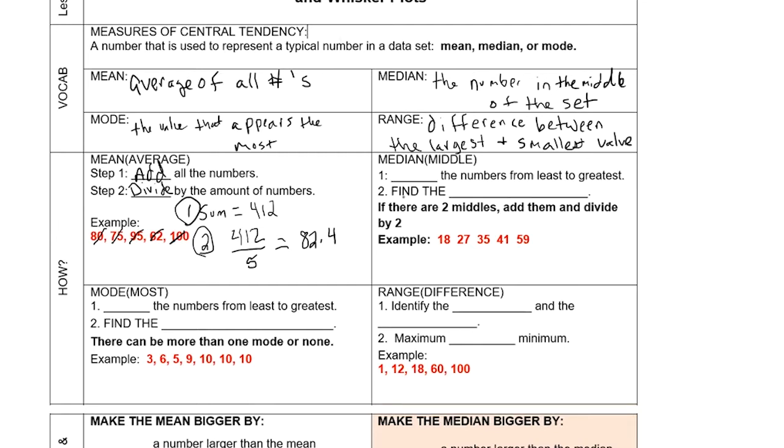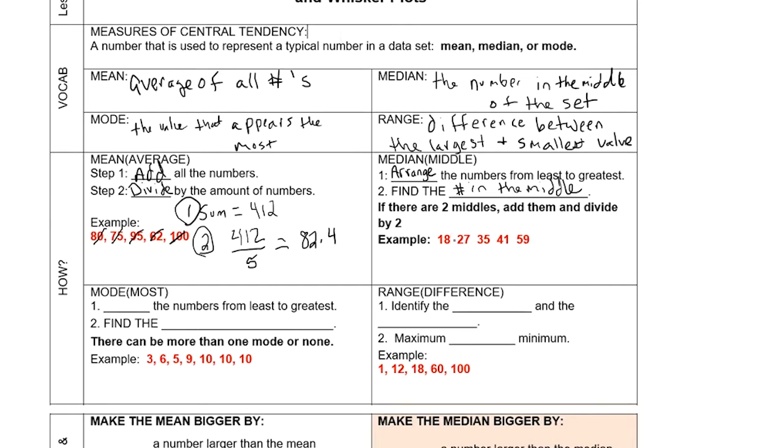Let's find the median. So we need to arrange the numbers from least to greatest and then find the number in the middle. If there are 2 middles, add them and divide by 2.